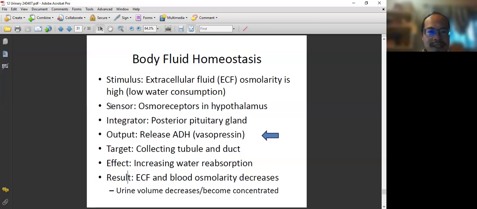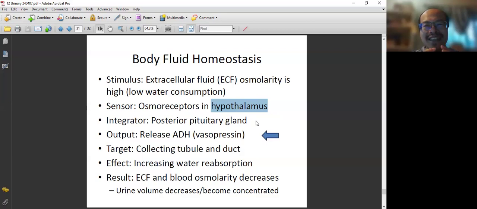Basically, the sensor will be the osmoreceptor. It's located in the hypothalamus, in the brain area, and it senses the blood thickness, basically blood density. If the blood density is low, it means that your body has a lot of fluid.